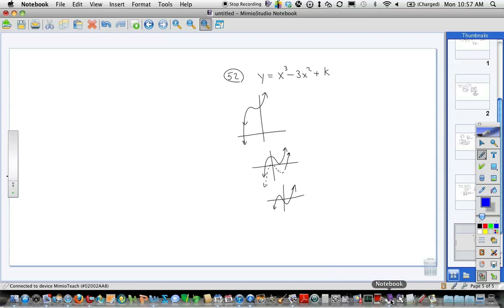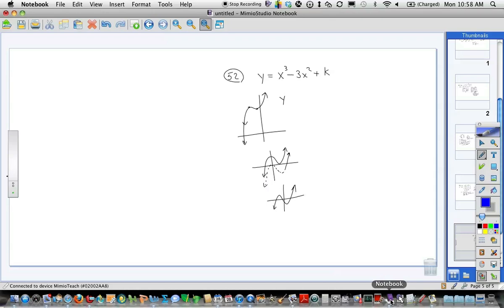Well, what points on the x cubed graph is something changing at as I shift down, shift down, shift down? Those stationary points, right? Those are definitely points of interest for me on this graph. So how would we find the stationary points?